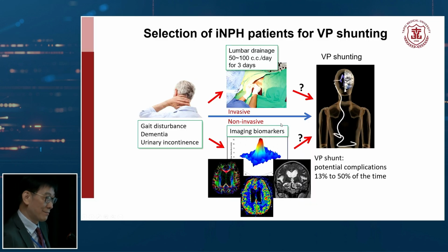So it becomes a good opportunity for AI using imaging biomarkers to classify whether the patient is responsive to permanent VP shunting. In the standard routine, the patient has to be admitted for lumbar drainage, which is quite invasive.